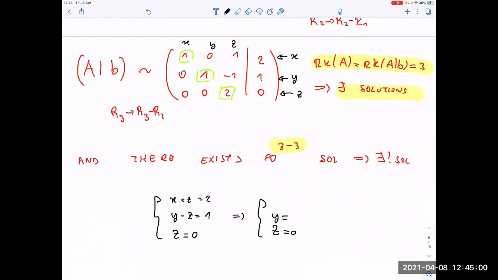This is a 1 because it comes from this equation here, right? So y is equal 1. And then x is equal to. Okay, so here is what we get. The unique solution is x equal 2, y equal 1, and z equals 0.